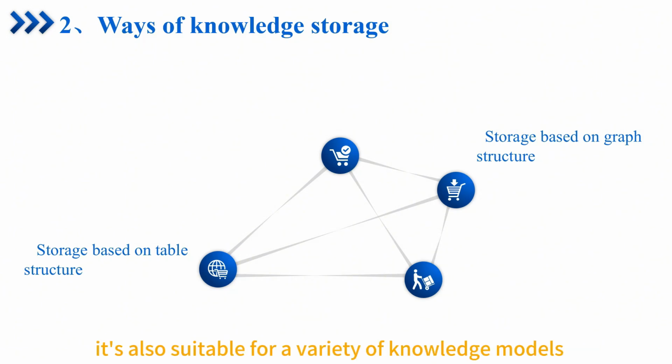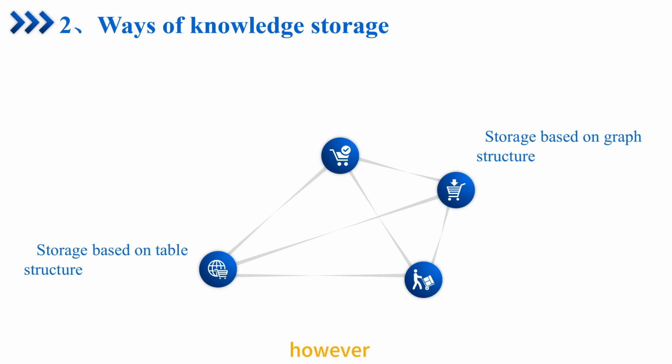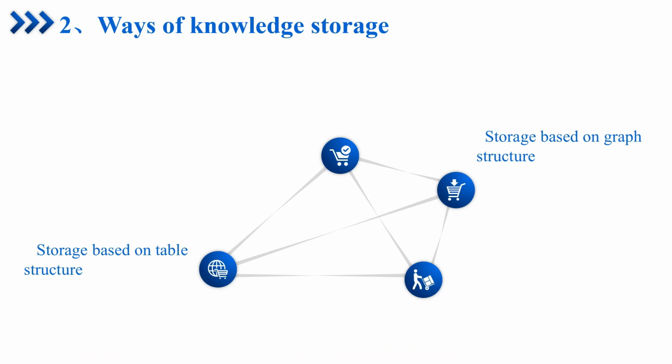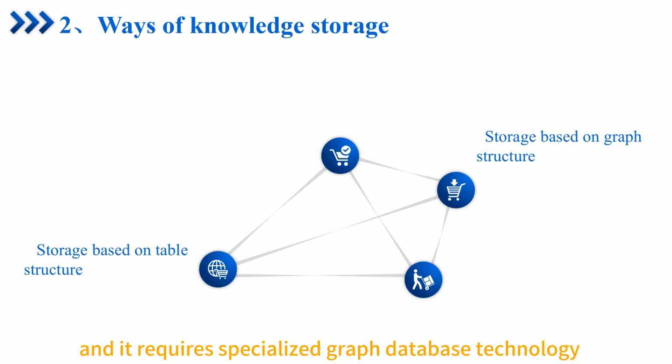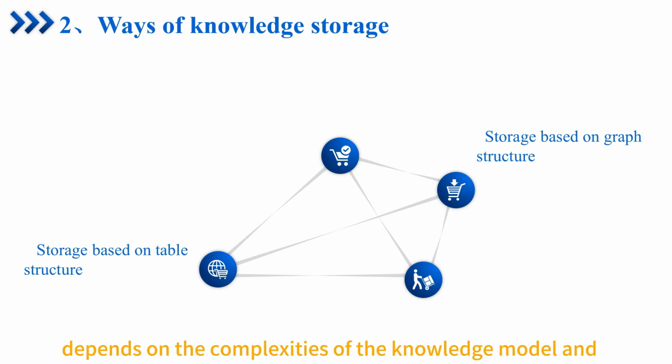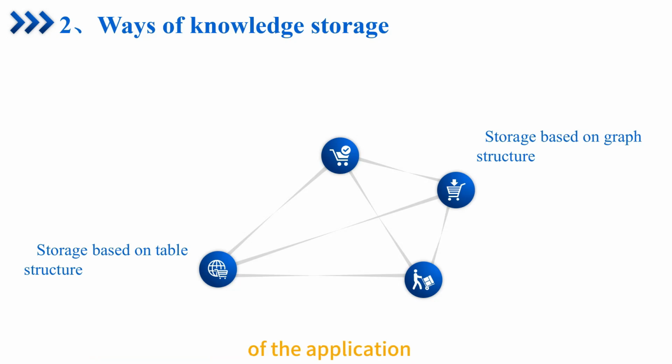It's also suitable for a variety of knowledge models. However, graph structure is more complex to manage and query than table structure, and it requires specialized graph database technology. The choice of which structure to use depends on the complexity of the knowledge model and the specific needs of the application.